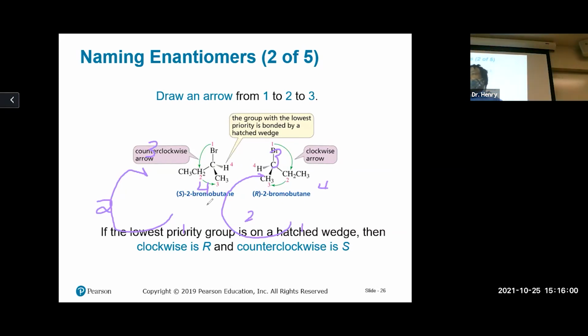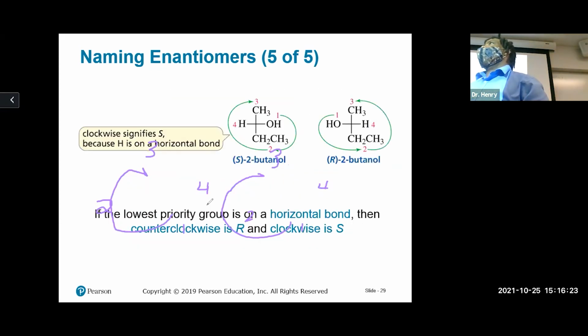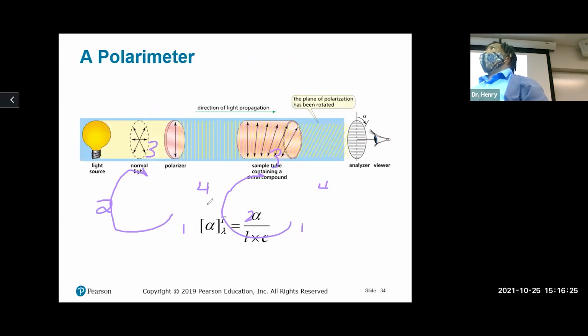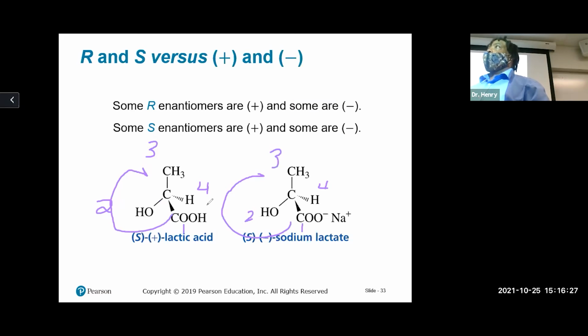So we have the carboxyl, the OH, the alcohol, and then the methane, right? So right here is the three-dimensional structure, reorienting them.